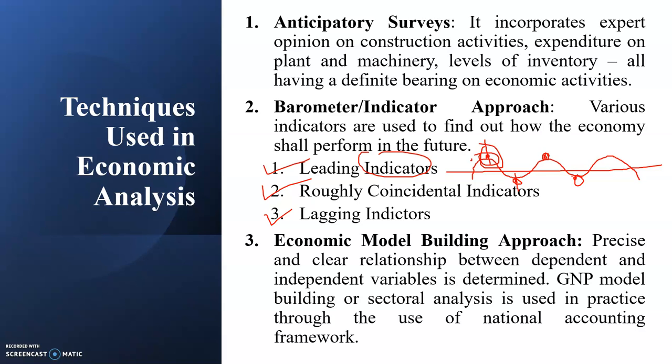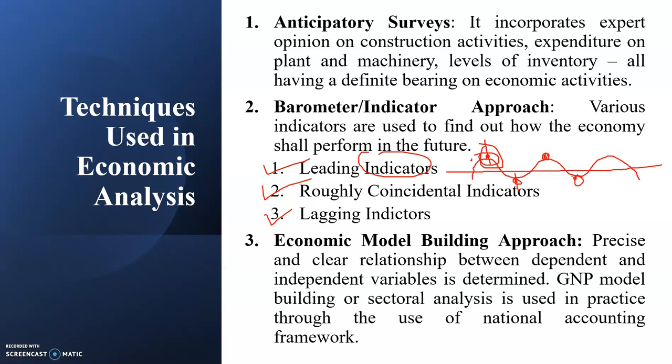So this method is therefore called a barometric approach to indicate the future level of economic activity. Just by looking at these indicators, we can assume what could be the future level of activity in the economy. Some examples of leading indicators: we can have money supply, which is also known as M2.